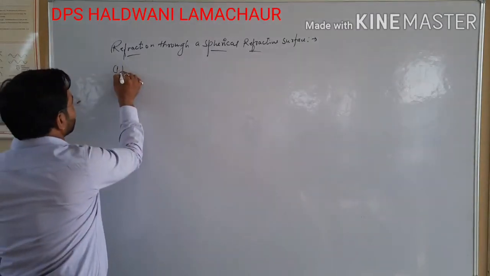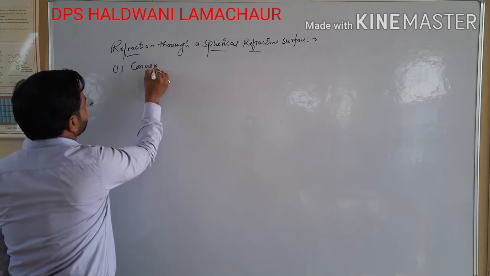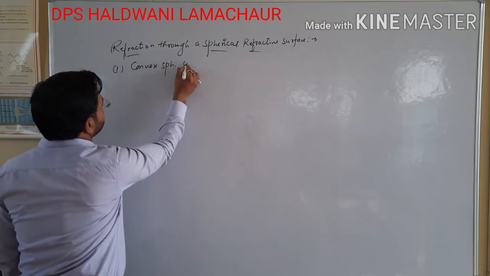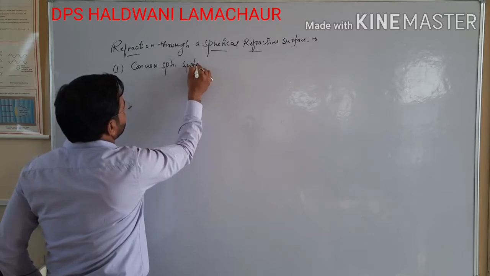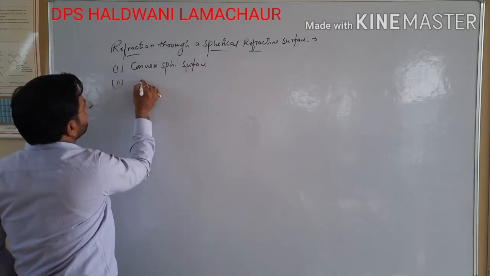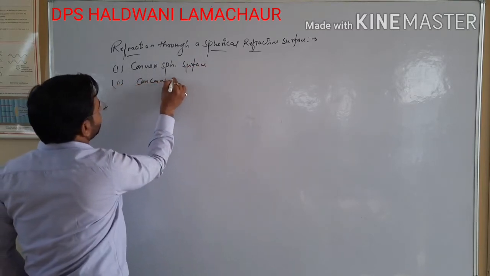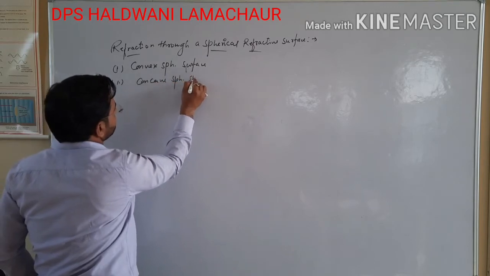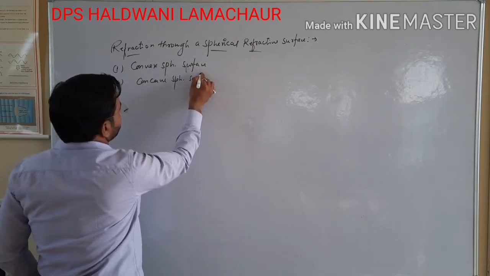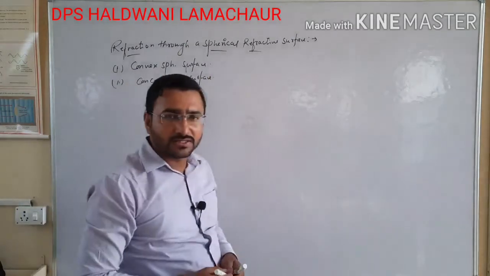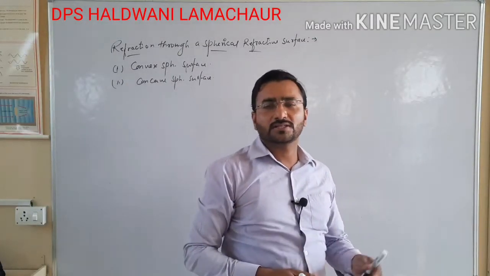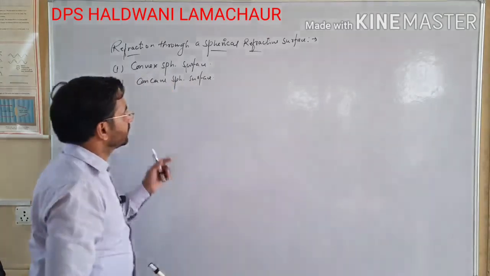First is the convex spherical surface, and second is the concave spherical surface. The sides, concave and convex, are decided along the direction of the rarer medium.